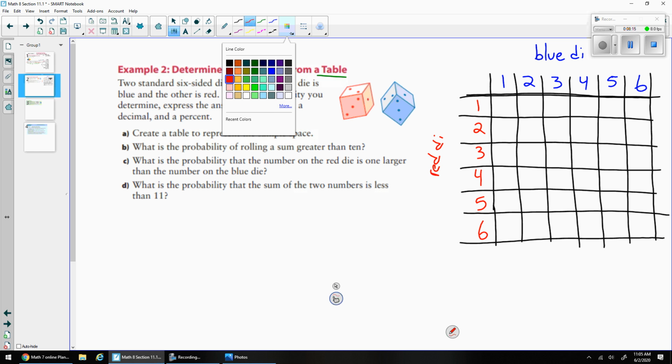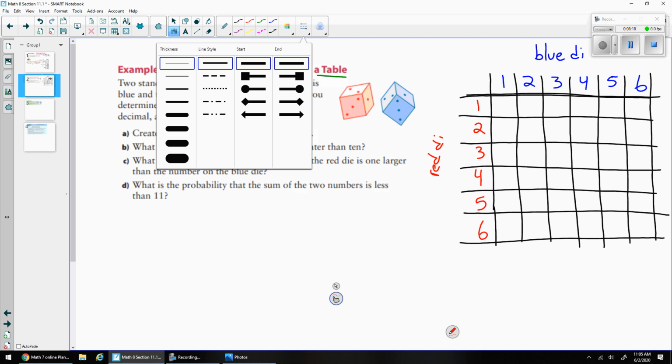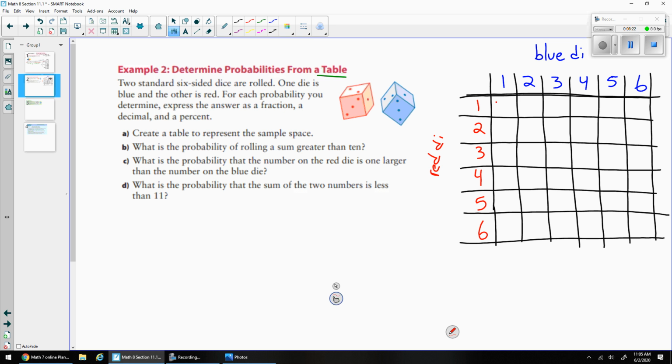So I'm going to try to fill it in pretty quick here. It can be a little bit monotonous filling these in, but if I show the red die always first, I could get a 1, a 1, a 1, a 1, a 1, a 1, then a 2 here, 2 here, 2 here.